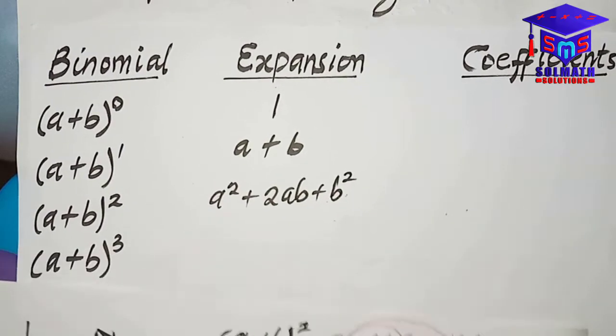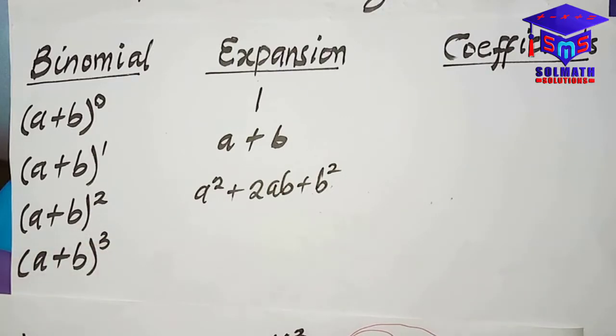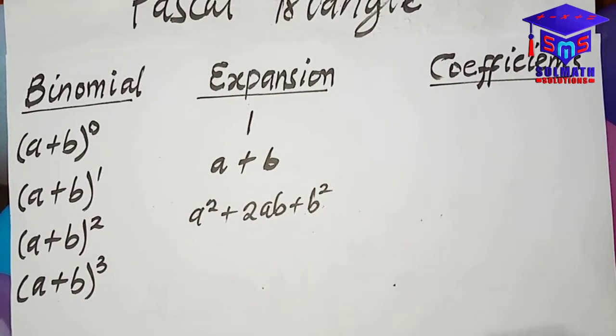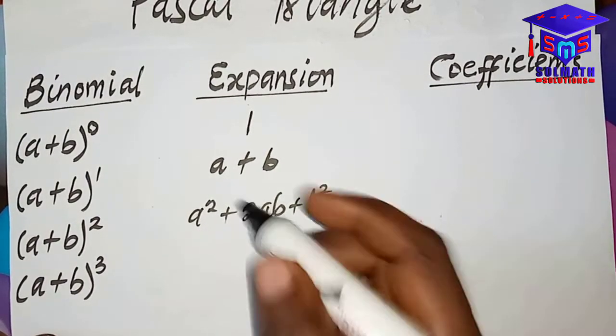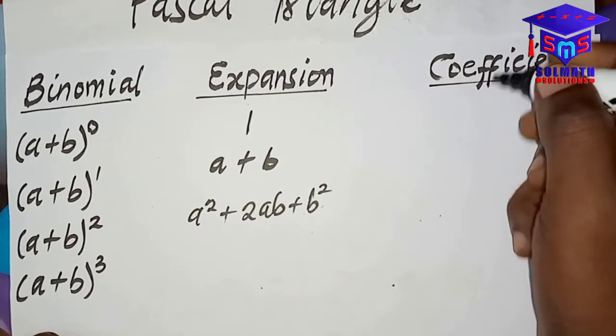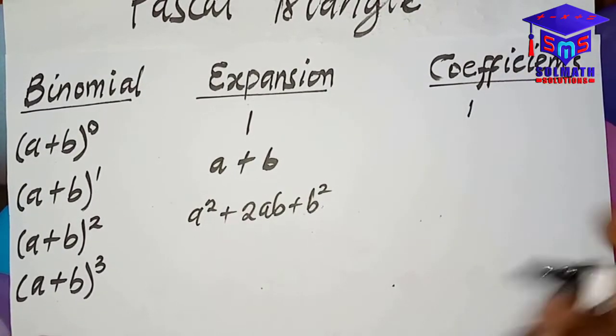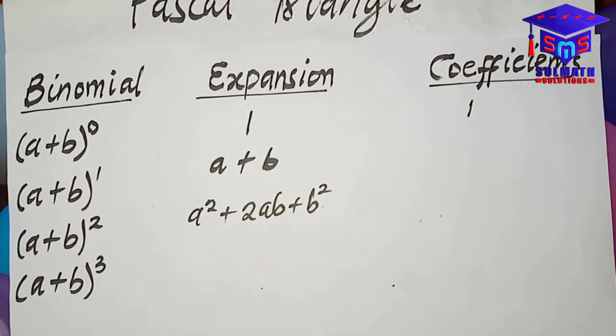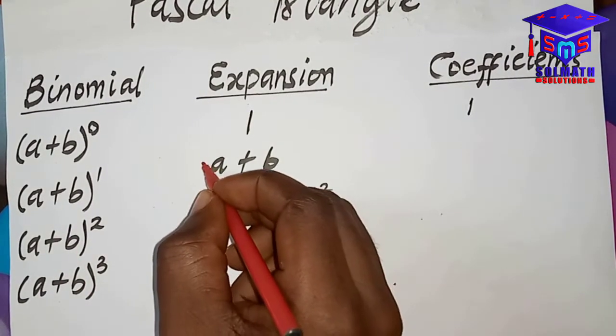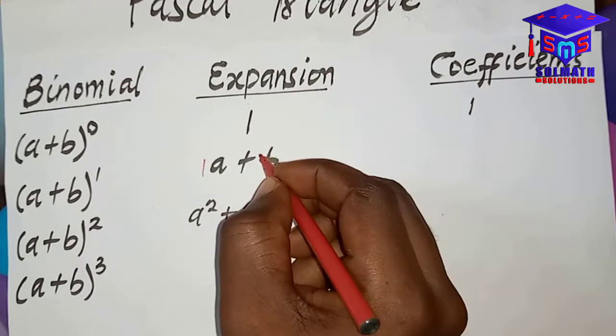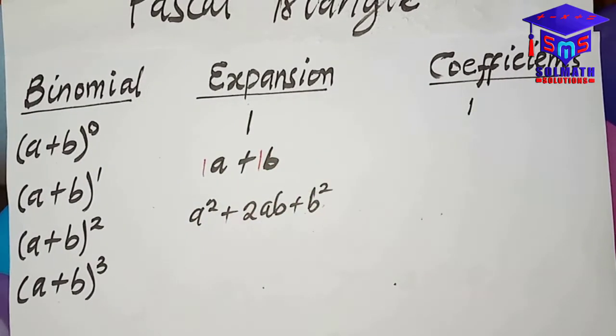All right, good. These are very easy to do when the power is smaller like this. From here let me begin to write the coefficients. The coefficient over here is 1. Then on the second line, the coefficient of a is 1, and the coefficient of b is also 1.